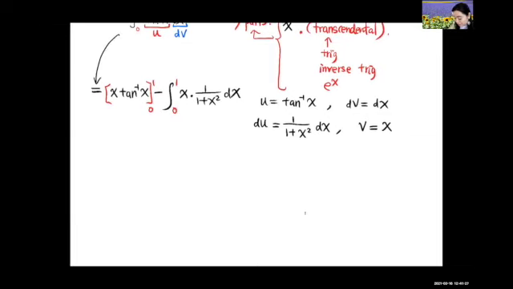Now the first one over here, we will substitute 1 in it and substitute 0 in it. So you will get 1 times inverse tangent of 1. What's inverse tangent of 1? We just talked about that. Pi over 4, right? So that is equal to pi over 4. This part here is x over 1 plus x squared dx, x going from 0 to 1.